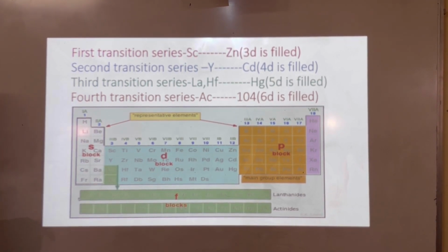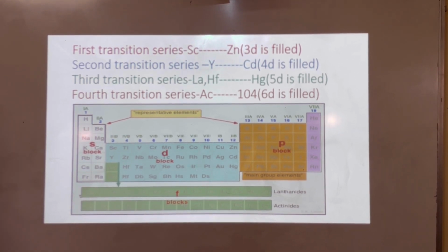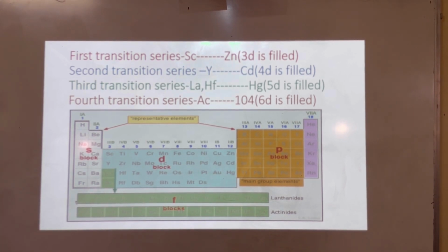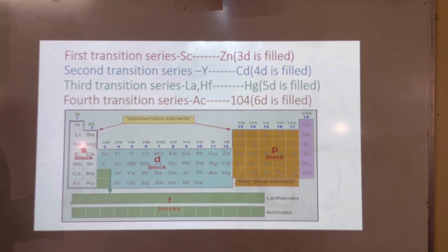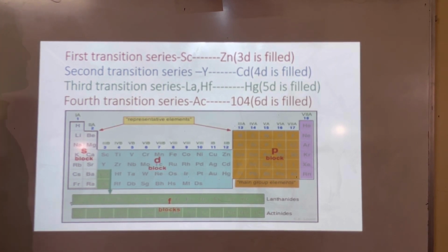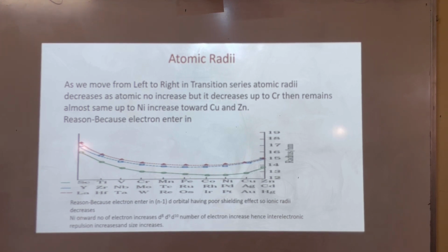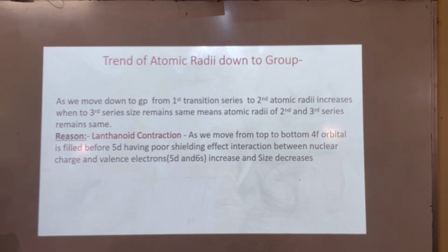The reason is that when we move from zirconium to hafnium, the 4f orbital is filled before 5d, and due to lanthanoid contraction the size remains the same.